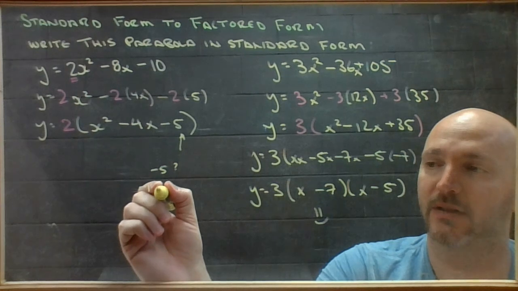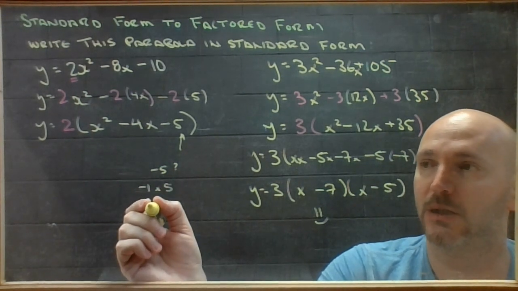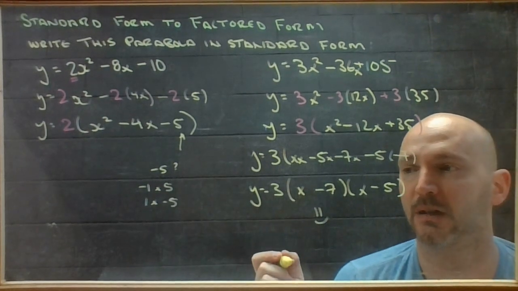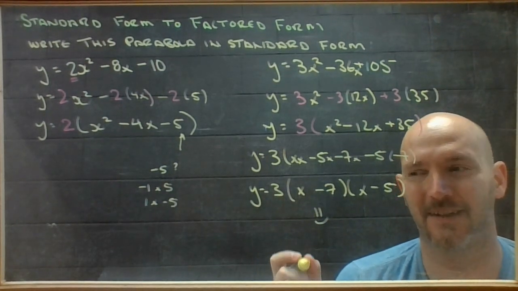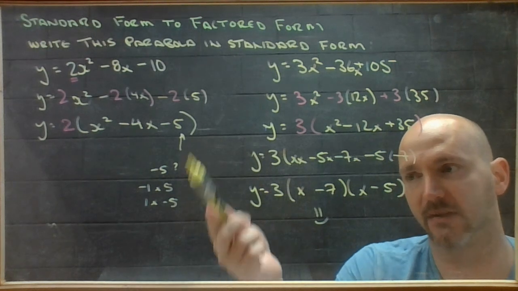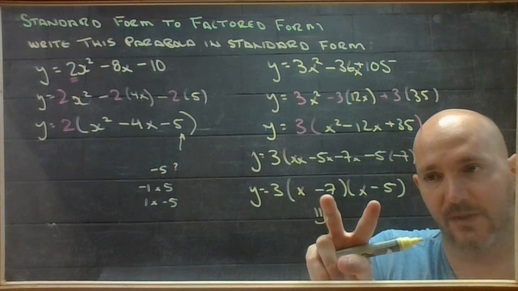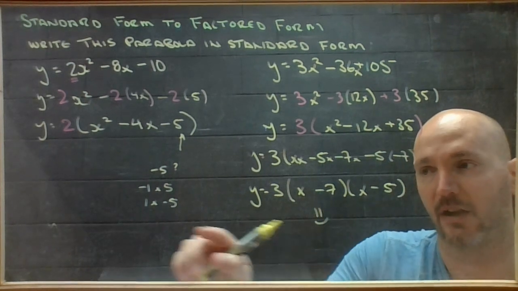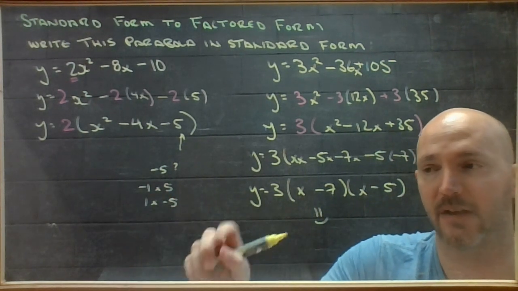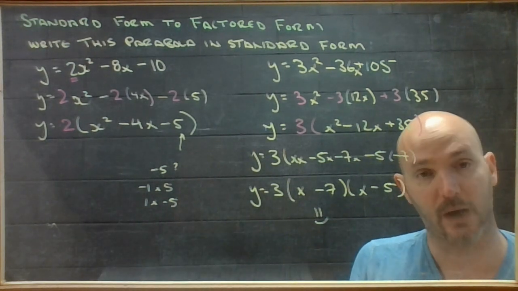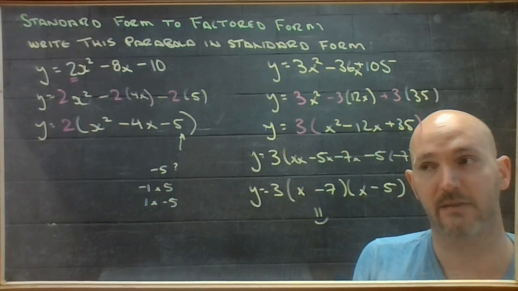Well, negative 1 times 5, and 1 times negative 5, and that's it. Nothing else divides evenly into 5. So my two number combinations for these little pods here are going to be negative 1 and positive 5, or 1 and negative 5. So how do you choose which one it is?